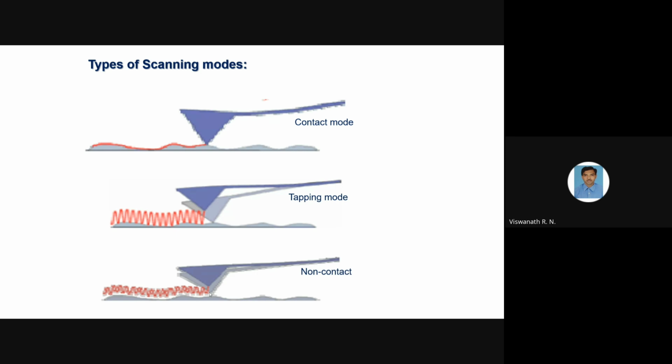So the choice of tip and material depends on this. Suppose I am using a very hard sample, then I have to use a hard tip, otherwise the tip will be damaged. So the choice of tips is also very important.